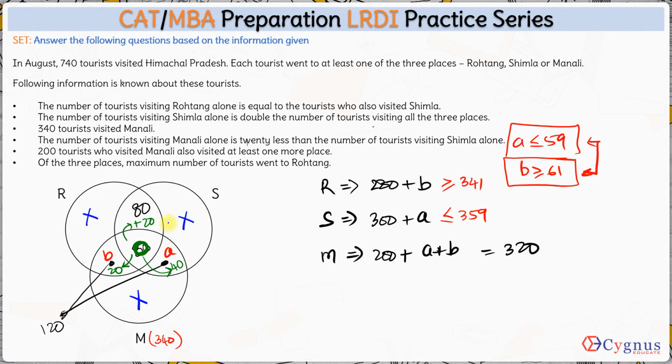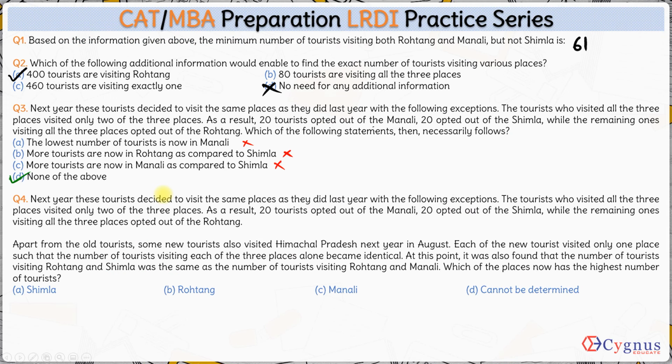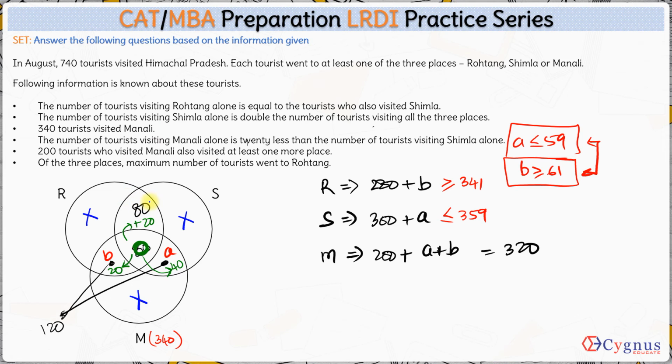Now the next is, at this point it was also found that the number of tourists visiting Rohtang and Shimla was the same as the number of tourists visiting Rohtang and Manali. Now Rohtang and Shimla is this part here, but since this is 0, let's not consider this. So Rohtang and Shimla is same as Rohtang and Manali, this part here. So this is 100, hence this should also be 100.